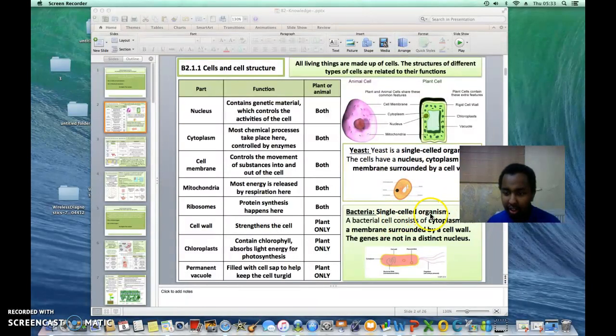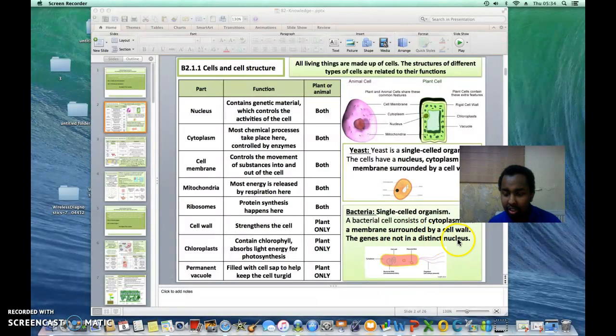Bacteria, on the other hand, is also a single-celled organism, but it does not have a nucleus. It just has a bunch of DNA lying around. You can just see some DNA there. And bacteria consists of cytoplasm, cell membrane, surrounded by a cell wall.